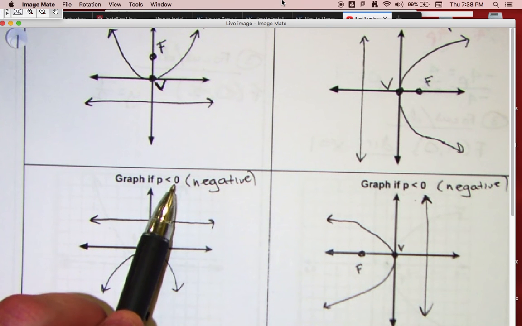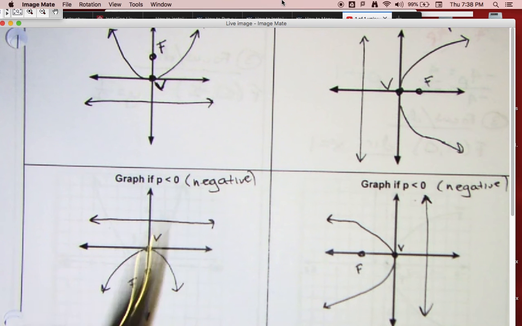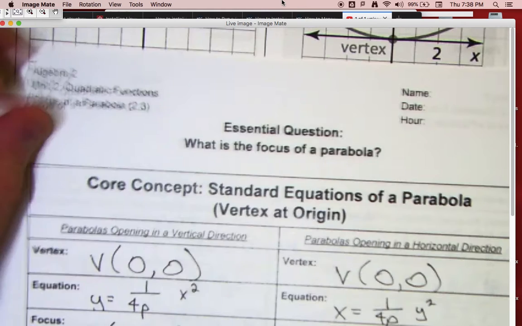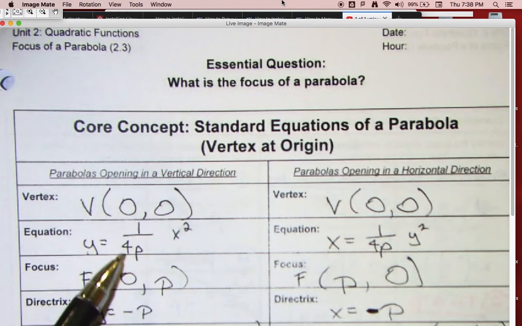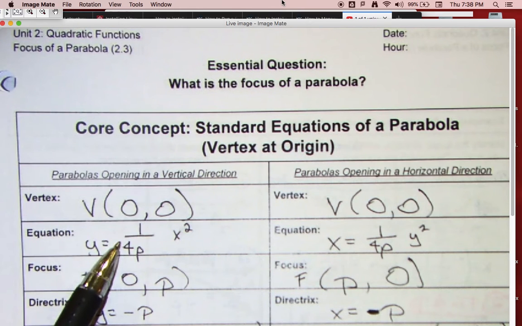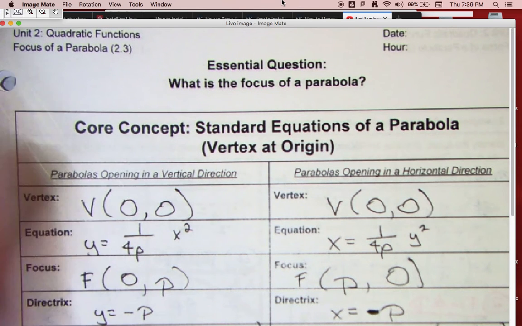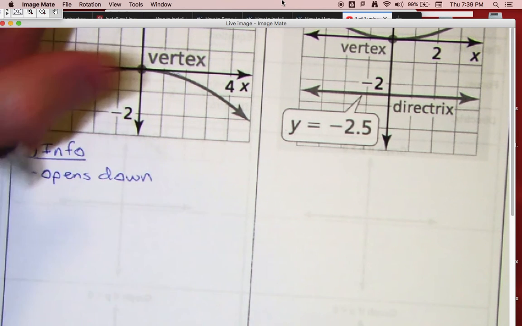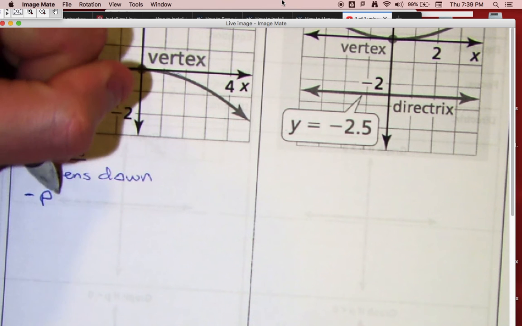Also, since it opens down, we know we're going to use this equation right here, because this is the equation if it opens up or down in a vertical direction. So let's write those things down. We have a graph that opens down, and we know that p is going to be negative.